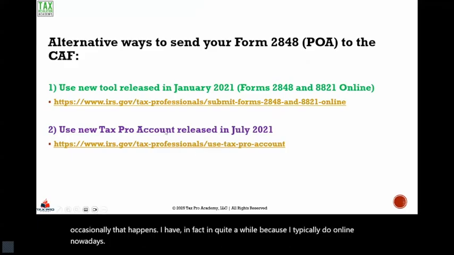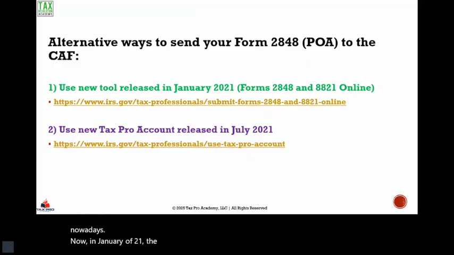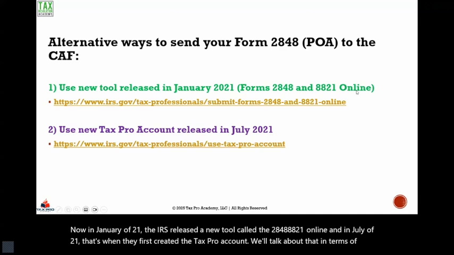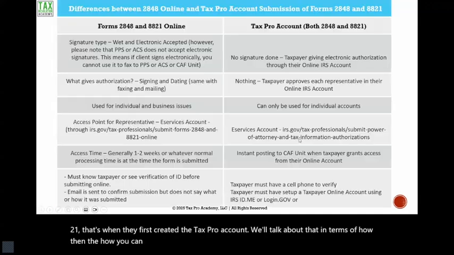Now, in January of 21, the IRS released a new tool called the 2848 8821 online. And in July of 21, that's when they first created the Tax Pro account. We'll talk about how you can access that. Now, let's do a little compare and contrast between the two.